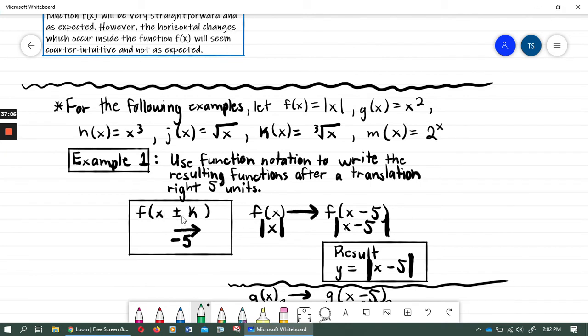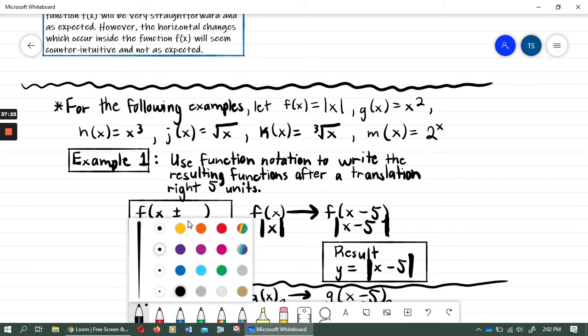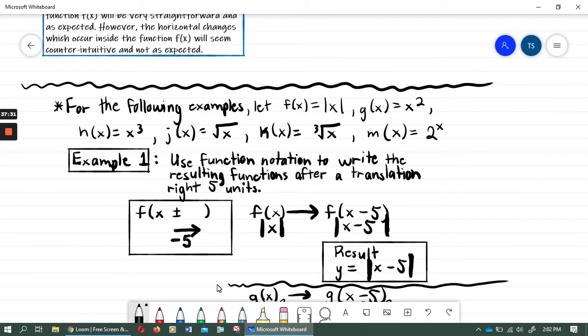So again, guys, remember that if we're talking about moving right 5 units, then it's going to be x plus or minus an h.